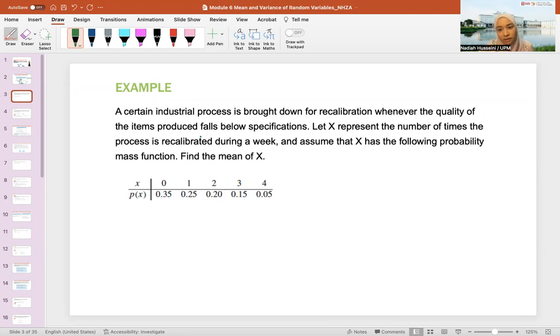Let X represent the number of times the process is recalibrated during a week, and assume that X has the following probability mass function. When we have a probability mass function, we know that the total probability should be equal to 1. A probability mass function is always a complete set of probabilities.